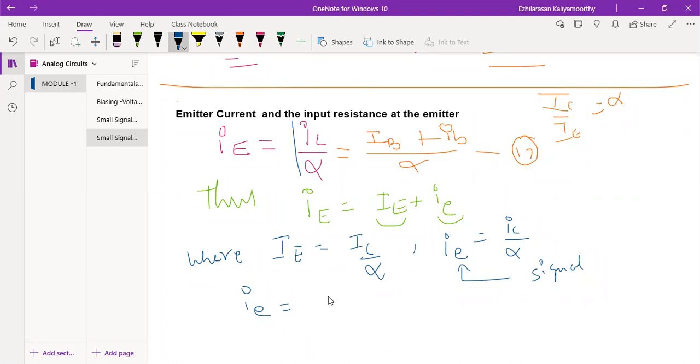We have a very important thing here: this IC is composed of two signals. I can recap what we already studied, and I will take an example so that you may get it clearly.